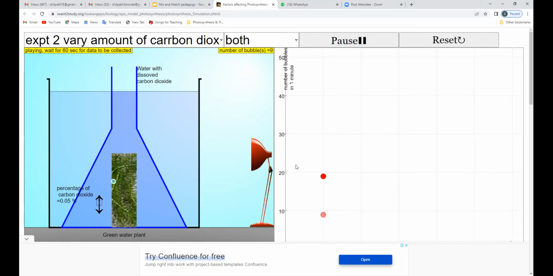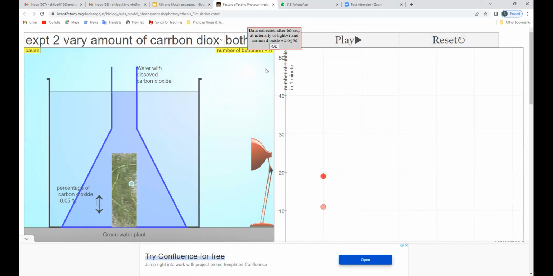It is going up. There is a box: data collected after 60 seconds at light intensity equal to 1 and carbon dioxide 0.05%. With the help of this simulation, students can understand how factors are controlling, how factors are affecting the reaction of photosynthesis.